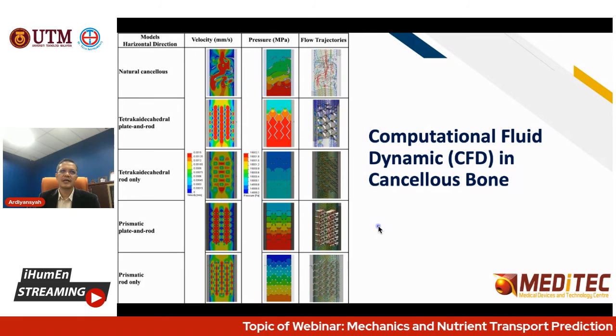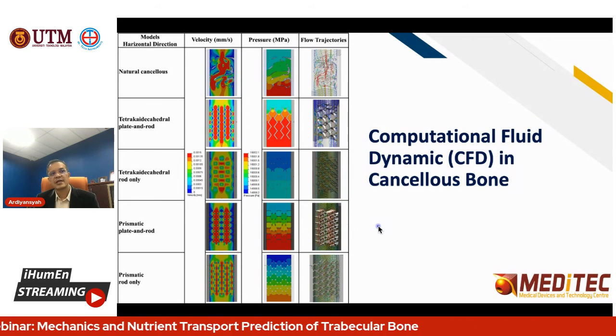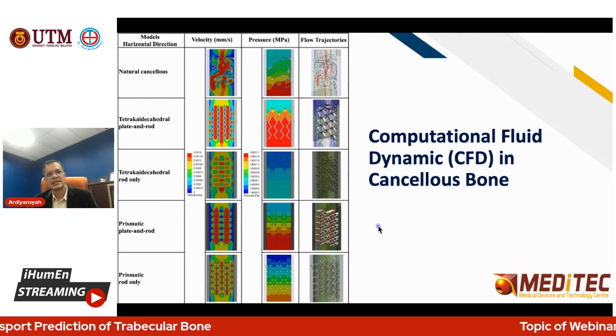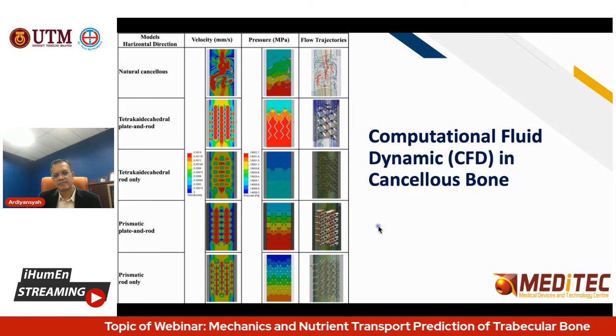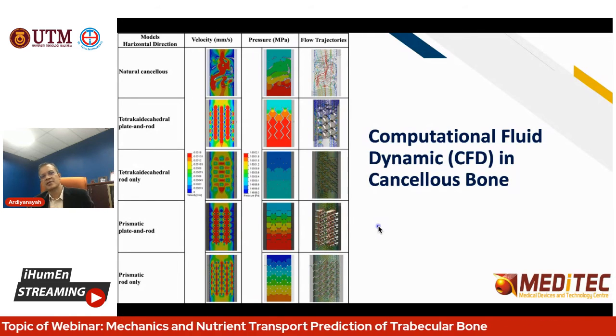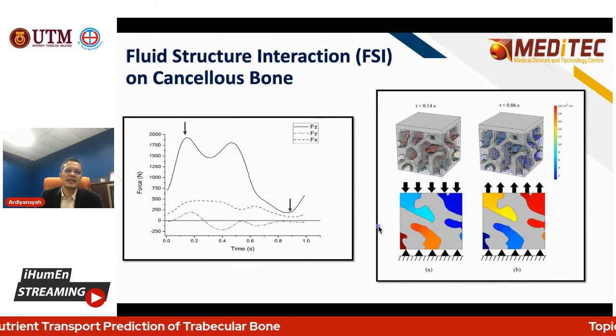Then you can study the flow pattern in cancellous bone, and develop or construct a bone graft or synthetic cancellous bone that is similar to the cancellous bone. You can check the mechanics like previously, and also in terms of the fluid mechanics.